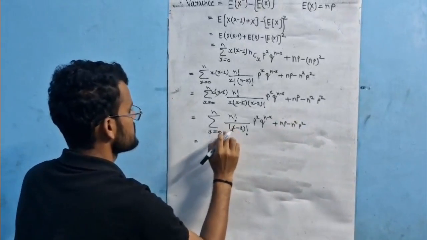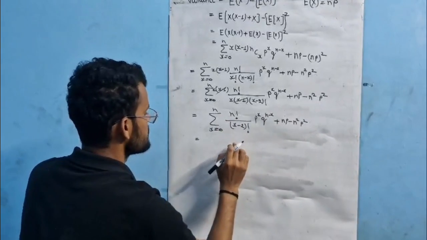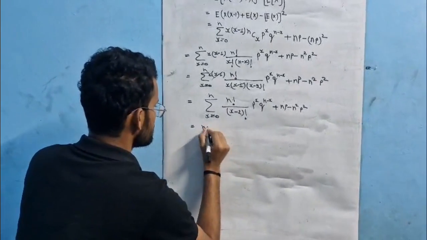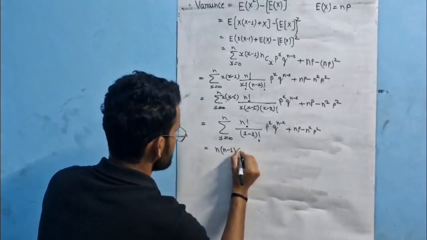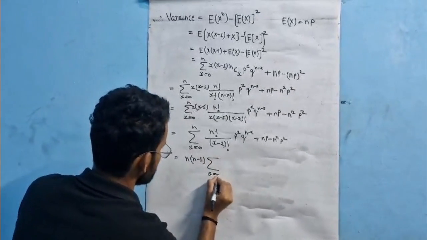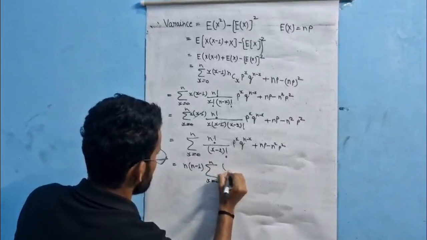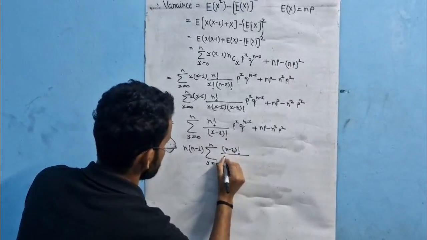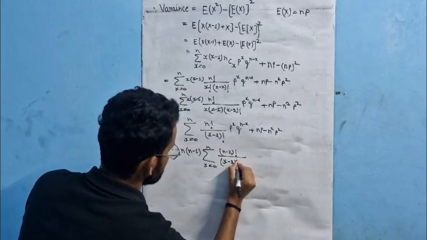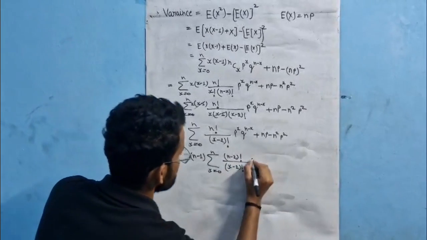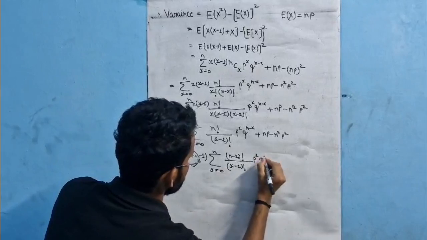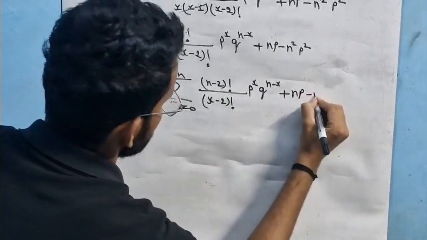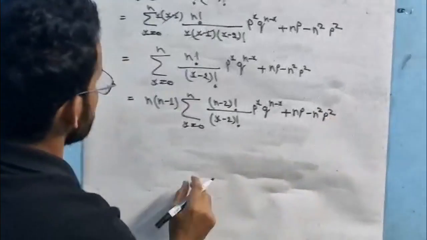Now the expansion of n factorial is n into n minus 1 into n minus 2 factorial. Using this, n into n minus 1 comes out from the summation, and we have n minus 2 factorial divided by x minus 2 factorial n minus x factorial p raised to the power x q raised to the power n minus x, plus np minus n square p square.